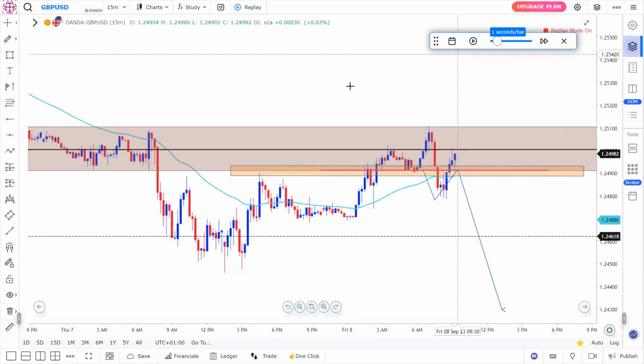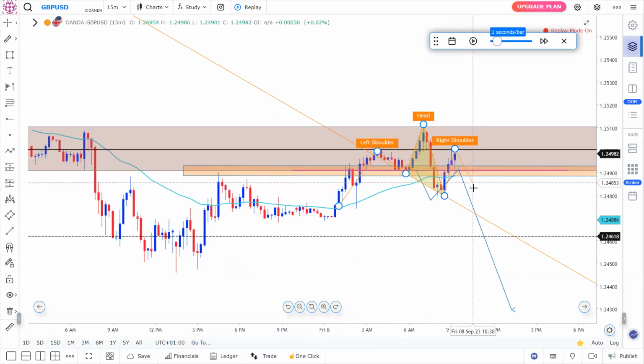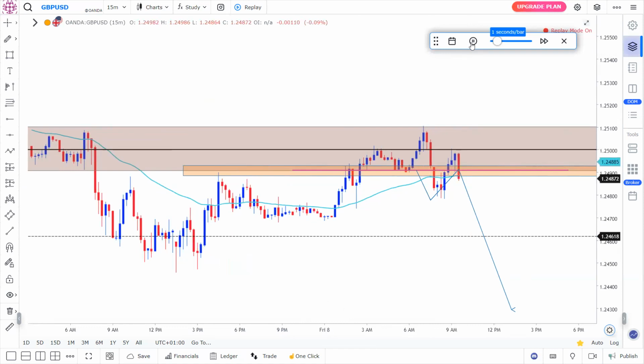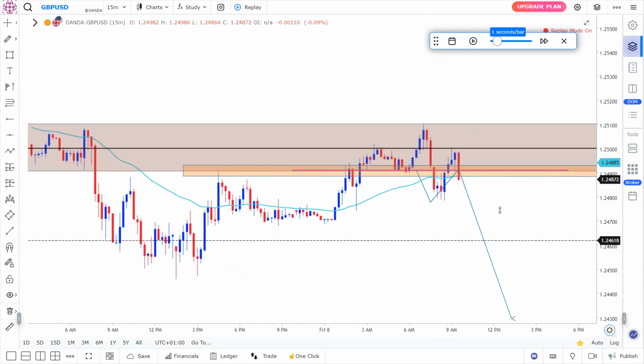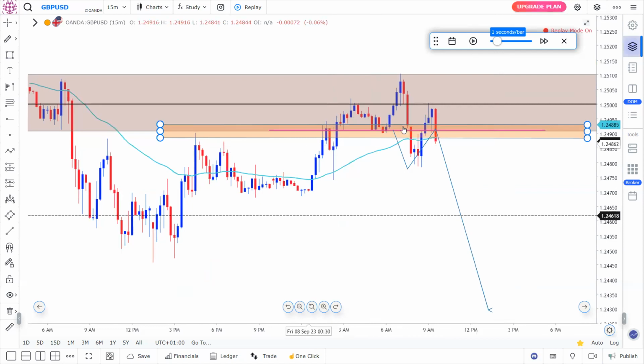Now, guys, as you can see, once again, we are having ourselves a perfect case of a short pattern, with this being the left shoulder, head, and then the potential right shoulder, where I add my sell entry confirmation as soon as I had the nice momentum candlestick close off of the potential right shoulder of the head and shoulder pattern, off of the 15 minutes time frame structure level.